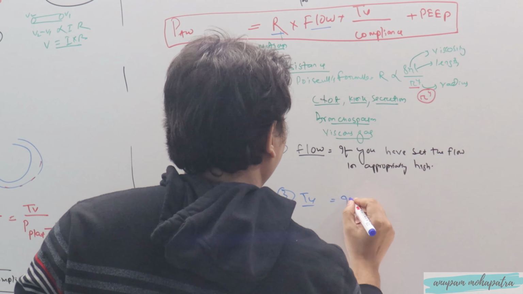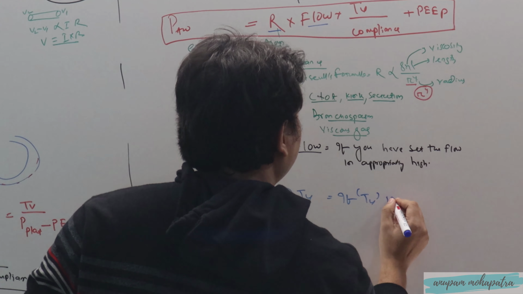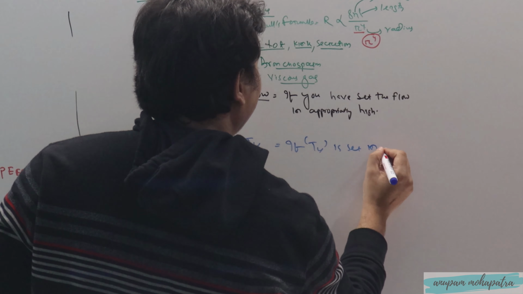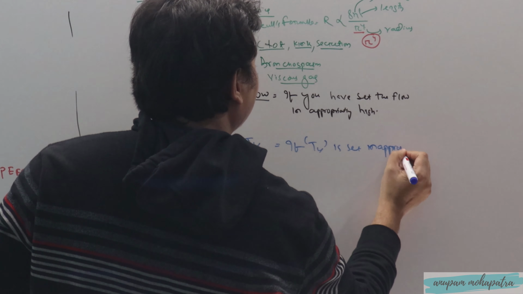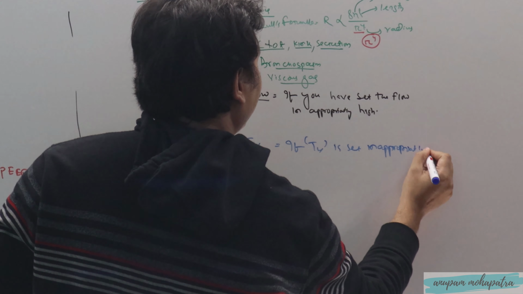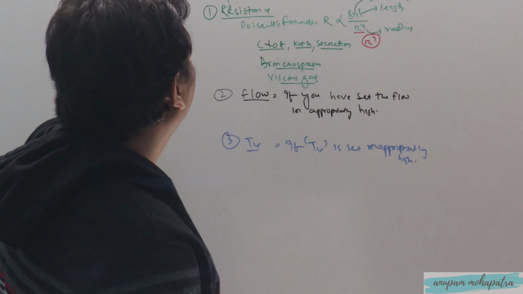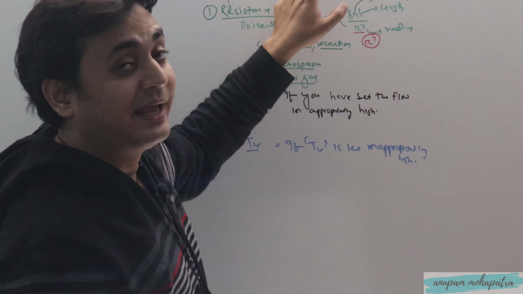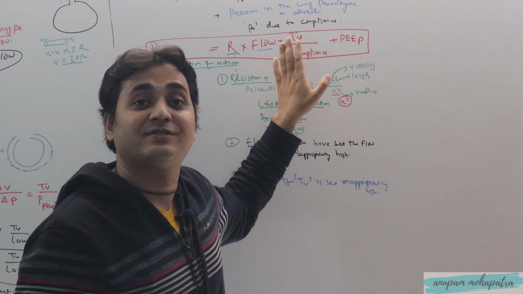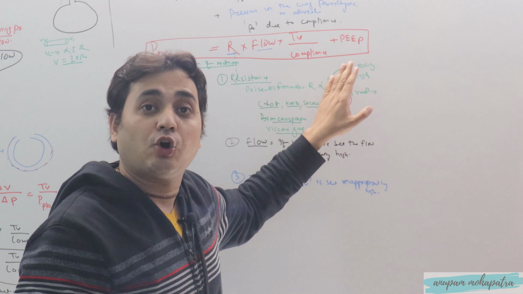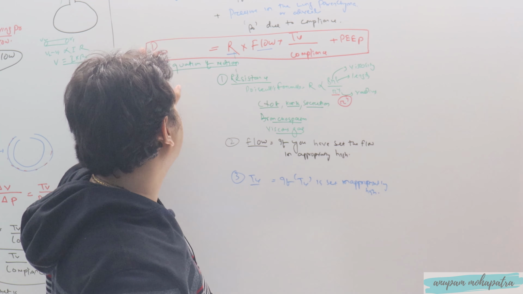And third, after flow and resistance, is tidal volume. If tidal volume is set inappropriately high, again, like flow, the tidal volume we have set from the beginning, so it cannot on its own produce a high peak airway pressure.